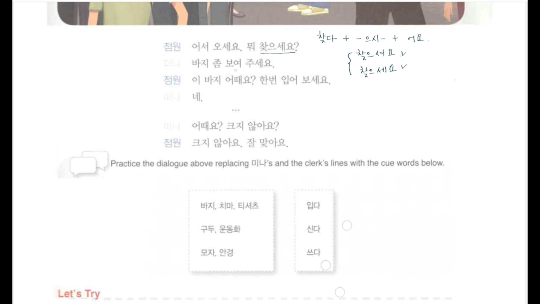바지 좀 보여주세요. Please show me some trousers. 자, 좀 again to be polite. 이 바지 어때요? How about these trousers? 한번 입어보세요. Shall we analyze it? Base form 입다 plus 보다 plus 으세요 imperative.